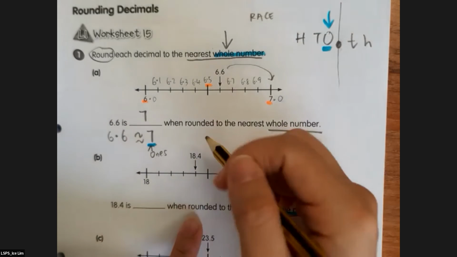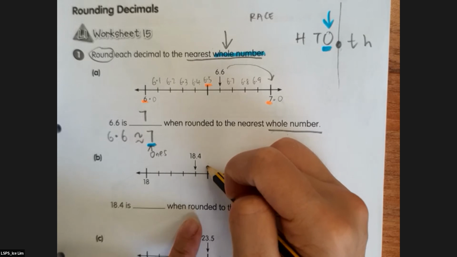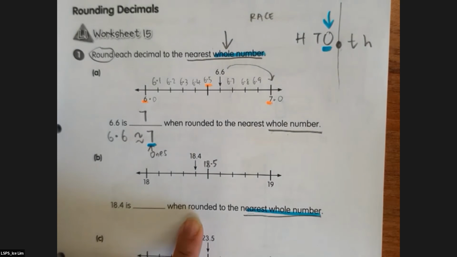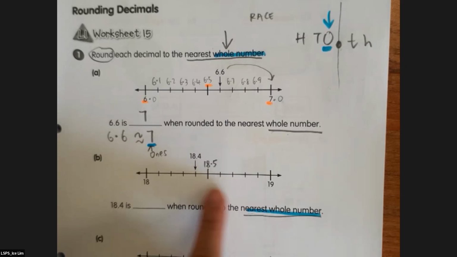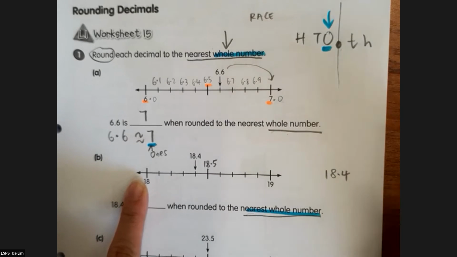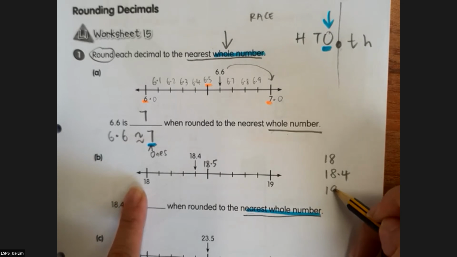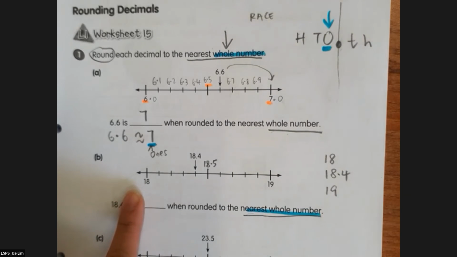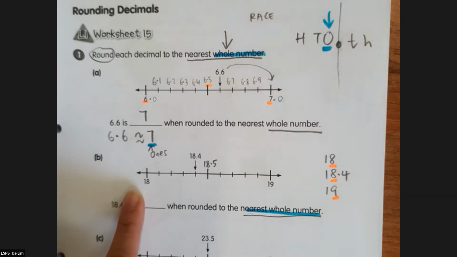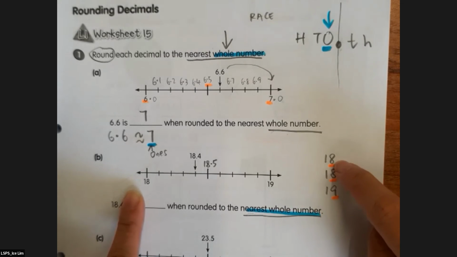Okay, now I'm looking at the number 18.4. The midpoint is 18.5. If I look at it this way, before 18.4 is 18, the whole number, and 19, at the whole number place, the ones place. So you're asked to round to the nearest whole number. It's either 18 or 19.